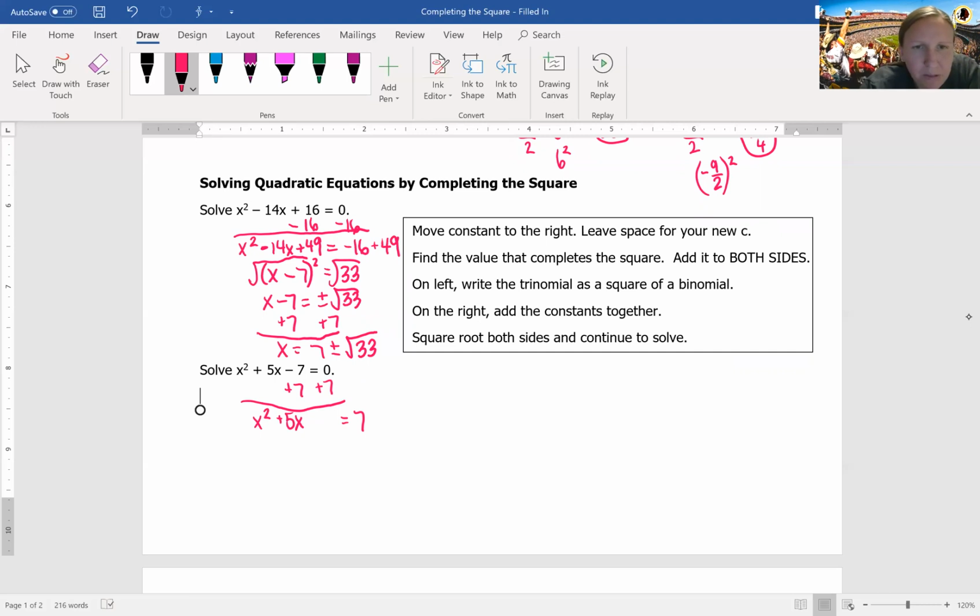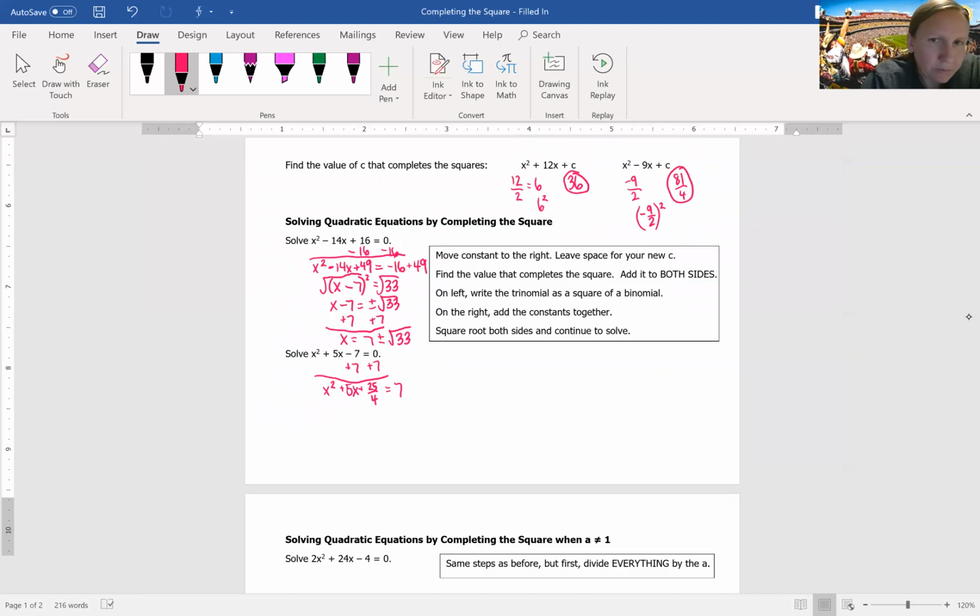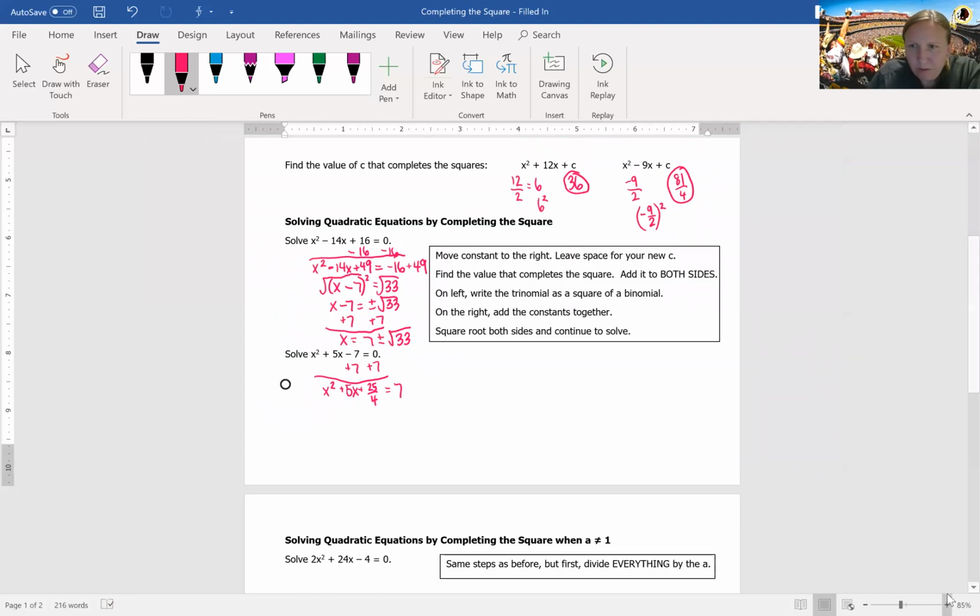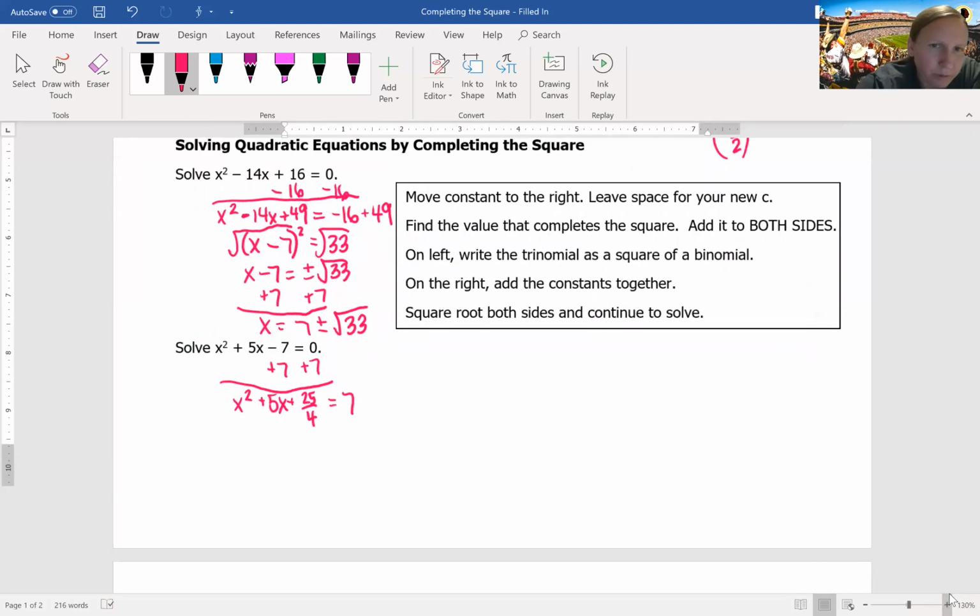So we take our b, which is 5, divided by 2, which is 5/2. And then we're going to square that. So our value that completes the square is 25/4, 5/2 times 5/2. But if we're adding it to the left side, we must also add it to the right side.